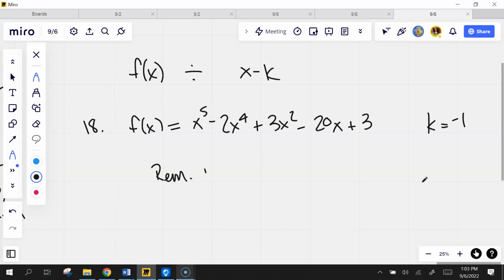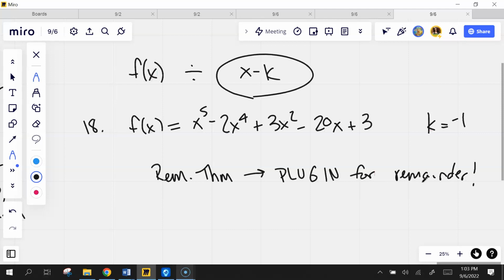You plug it in. Remainder theorem just says to plug in for the remainder, because it's divided by x minus a number. So for these, literally all you have to do, f of -1 equals, and that's going to give you your remainder.